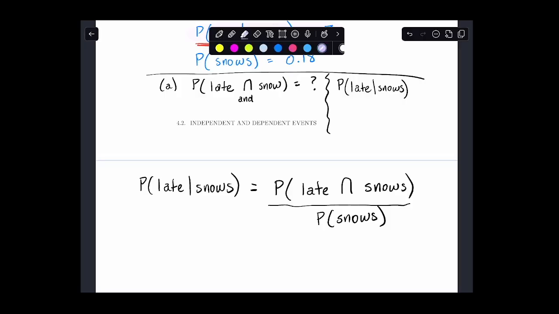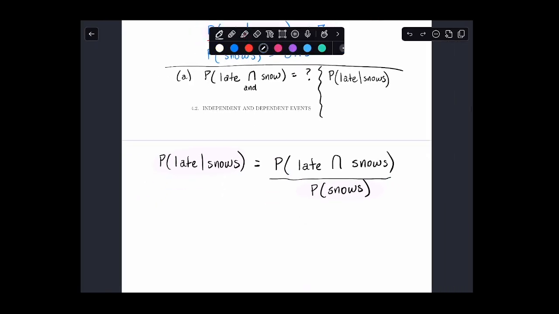Well, in our problem, they gave us the probability that it snows, and they gave us this conditional probability, and we want to find the probability of the intersection. So we could solve this equation for the probability of the intersection, which is what we want to find, and we would do that by multiplying both sides by the denominator. So we would multiply both sides by the probability that it snows.